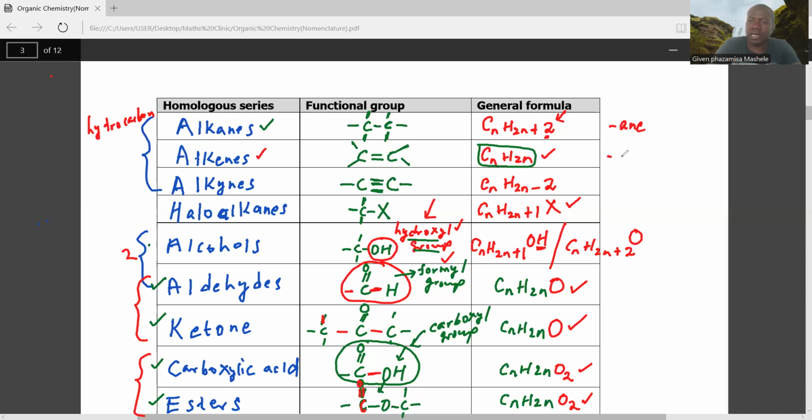Then the alkene, it's ene. Alkyne, it's yne. Halo-alkane is just the ane. Then alcohol, it's ol. Aldehyde, it's al. Ketone, it's one. Then carboxylic acid is oic acid.